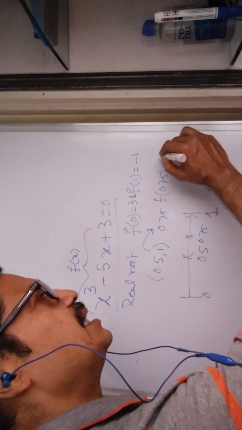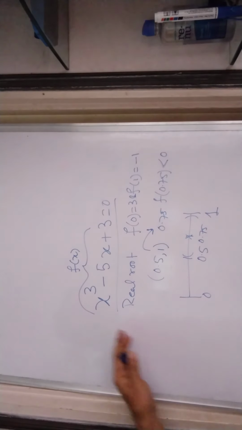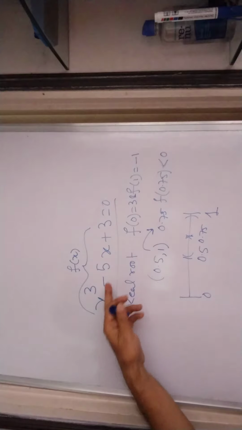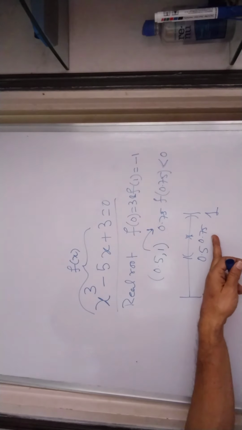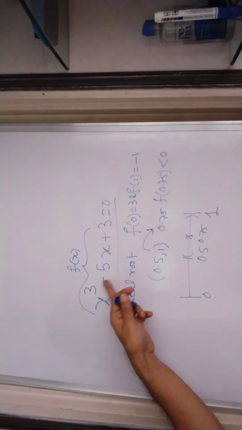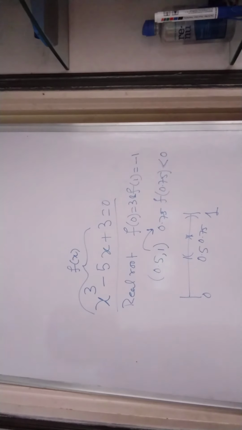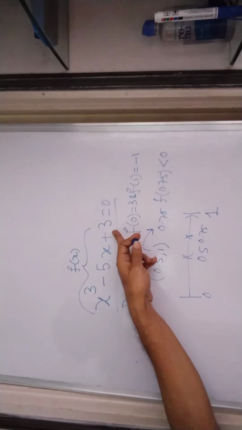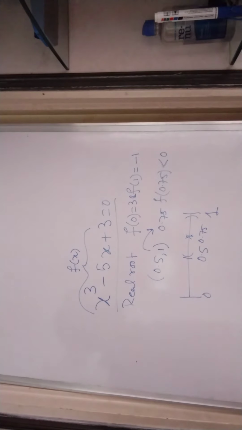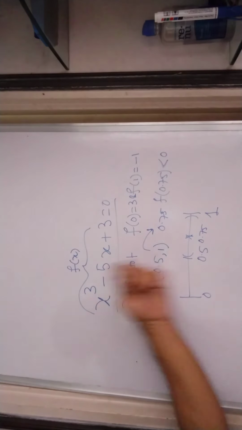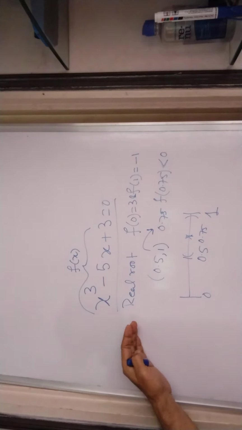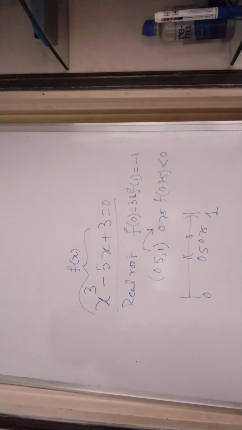Since 15 by 4 is almost 4 and 27 by 64 is much less than half, this is negative. You people can calculate it.